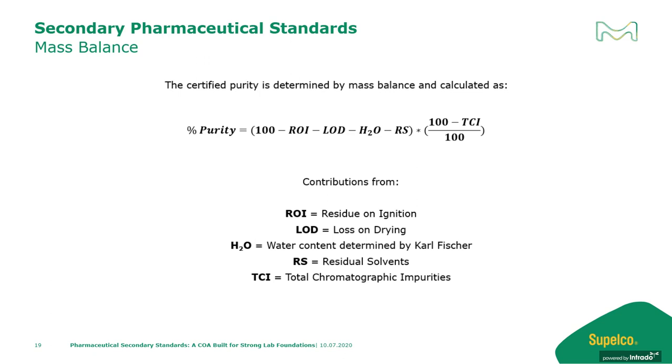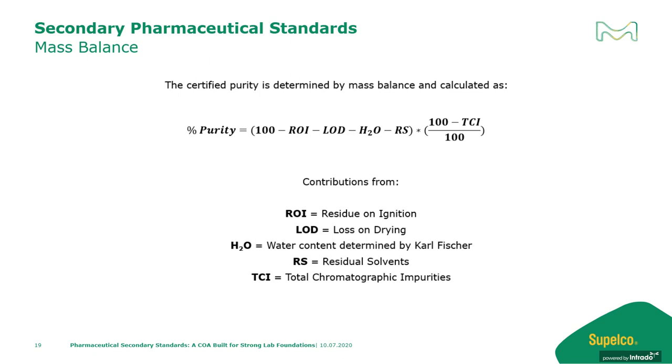However, you can see that the TCI contribution factors in a different way than the other contributions in the mass balance equation. So ROI, water, and residual solvent factors contribute on a weight percent basis, while total chromatographic impurities are calculated on an area percent basis.